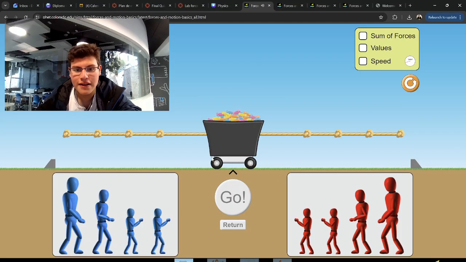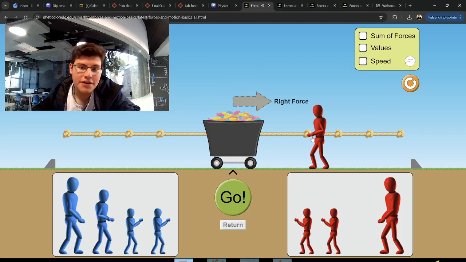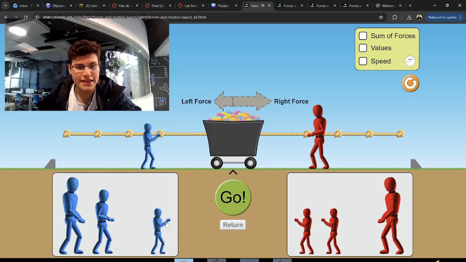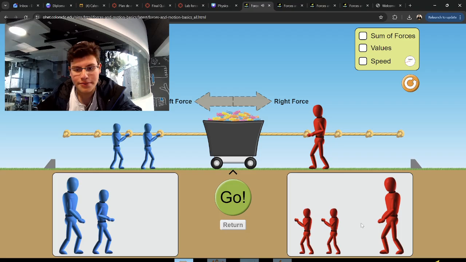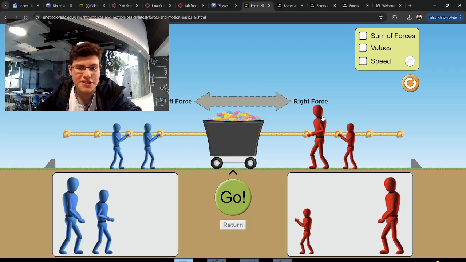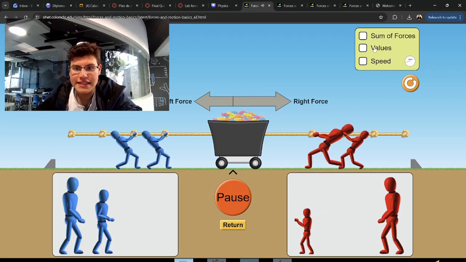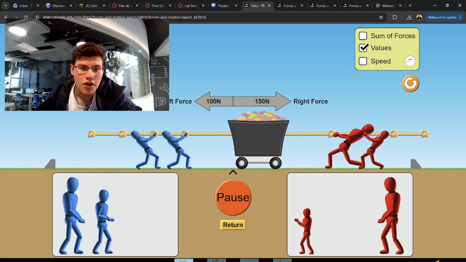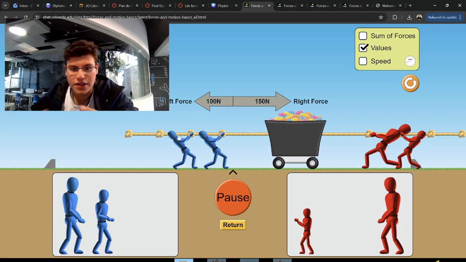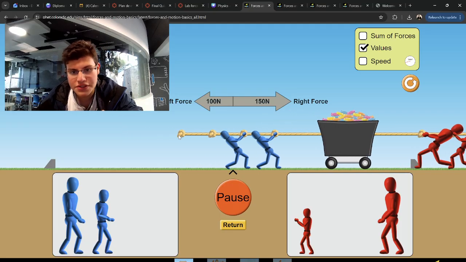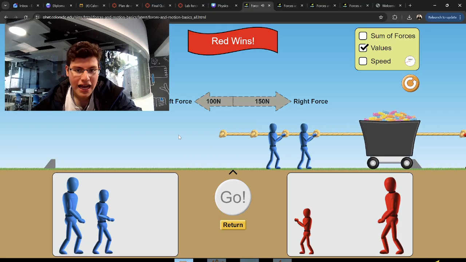Of course, the bigger man is always going to win, or in this case, whatever combination is bigger. In this case, we have 150 newtons here, 100 newtons on the other side. So if we subtract them, we get 50 newtons pointing to the right as our net force.